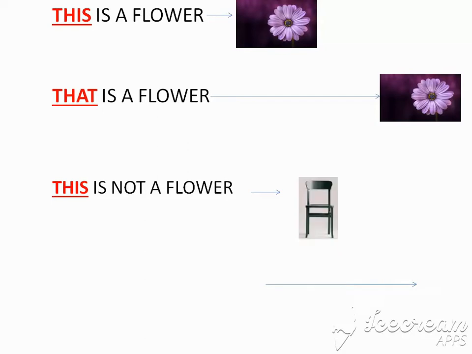This is not a flower. So of course in the image we don't have a flower, but we have a chair. In this case we use the negation by using not. This is not a flower. This is a chair.